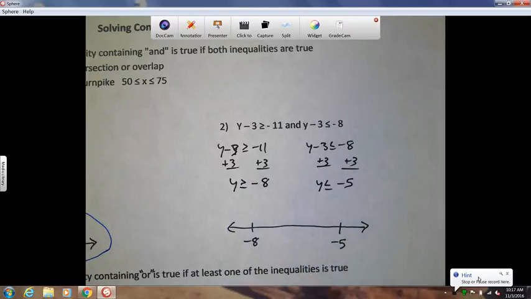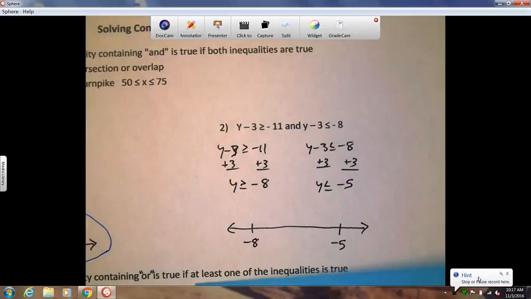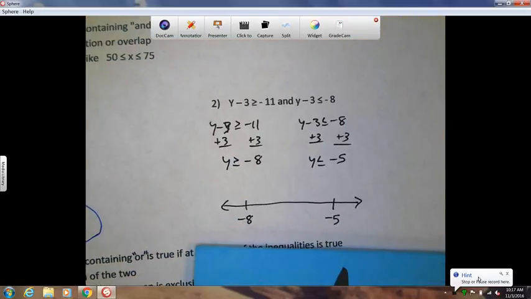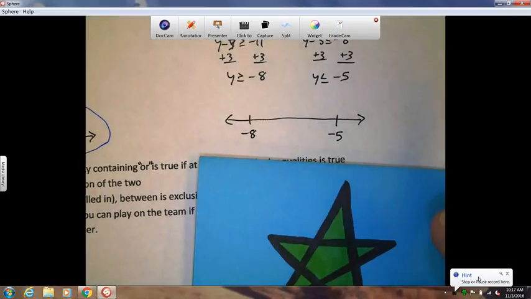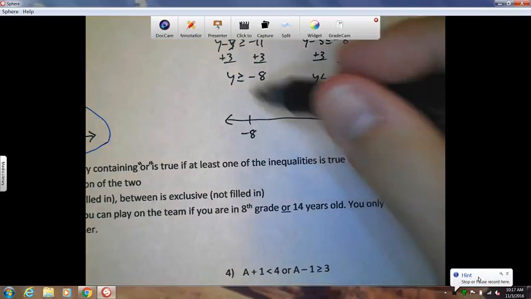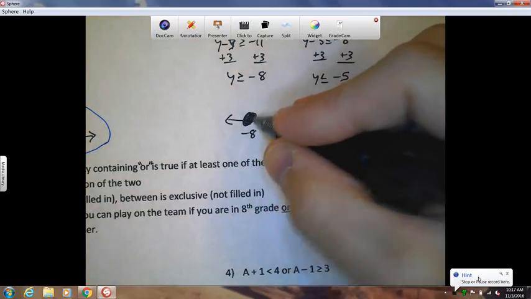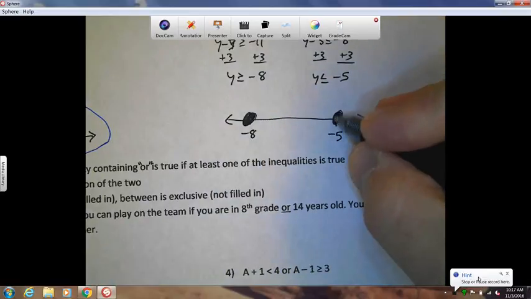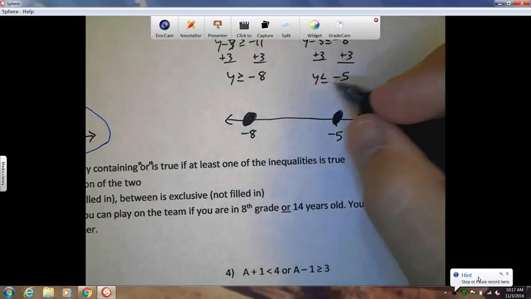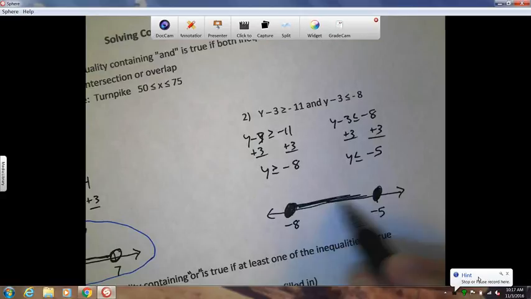Negative 8 is left of negative 5 on the number line, but a lot of people will get that wrong, so make sure you pay attention to that. So this one, it could be equal to. This one, it can be equal to. So y is greater than that and less than that. So it looks like this. Everything in between, including negative 8 and negative 5.